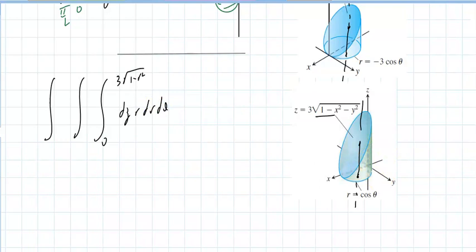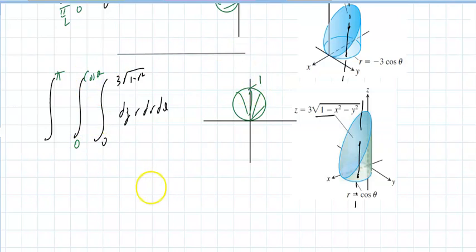And now I'm looking at a circle wrapped around the positive x-axis. So theta is going to run from 0 to pi, and r is going to run from 0 to the cosine of theta. And that's pretty much it.